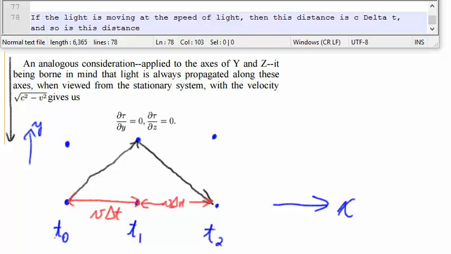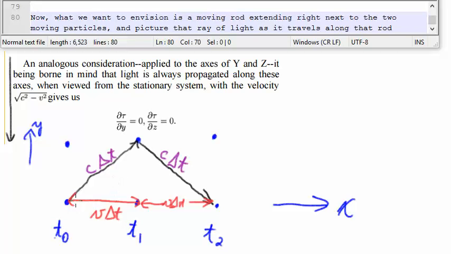And if the light is moving at the speed of light, then this distance is c delta t, and so is this distance.